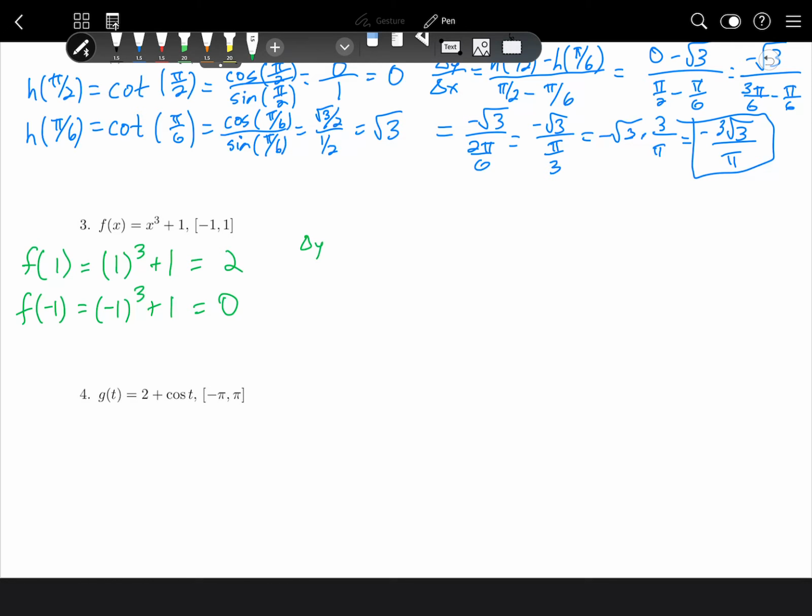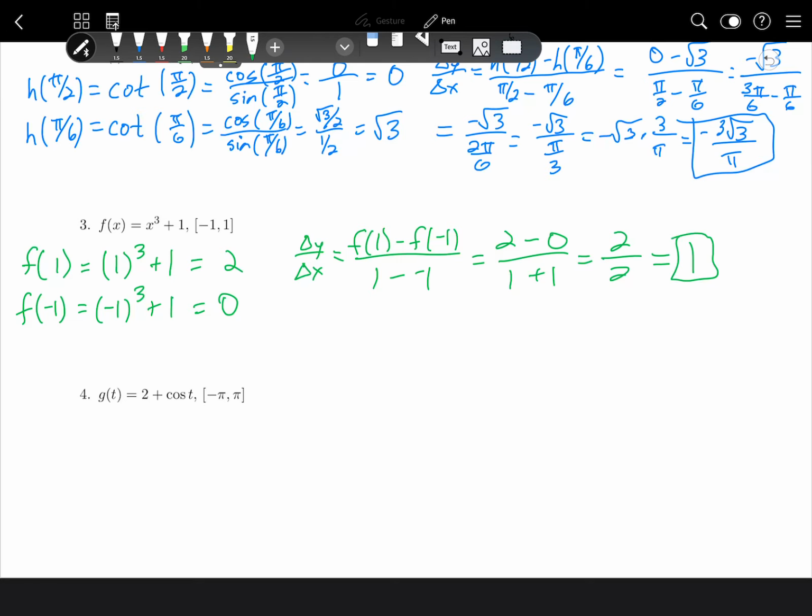So delta y over delta x is going to be f of 1 minus f of negative 1 over 1 minus negative 1. So that's 2 minus 0 over 1 plus 1. So that's 2 over 2, which equals 1. So in this case, the average rate of change is 1.